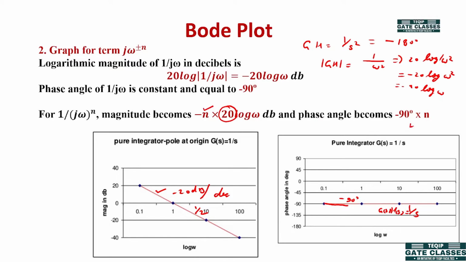So for two poles at origin we have a slope of minus 40 dB per decade, and the angle is constant at minus 180 degrees. This is for 1 by S square. Similarly, if we have three poles at origin, our slope would become minus 60 dB per decade, and our angle would be constant for all values of ω at minus 270 degrees.